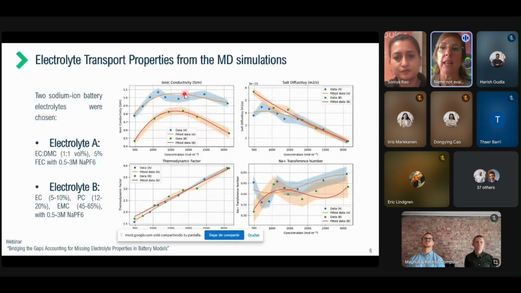The first thing we did is that sometimes what we usually do in the experiments is to try to minimize the number of experiments, and for that sometimes we assume that these properties are constant over any kind of concentration range. So the first thing we did was to assume that we had a constant concentration all along the cell, and then we compared the results with these properties including the variations in the concentration.